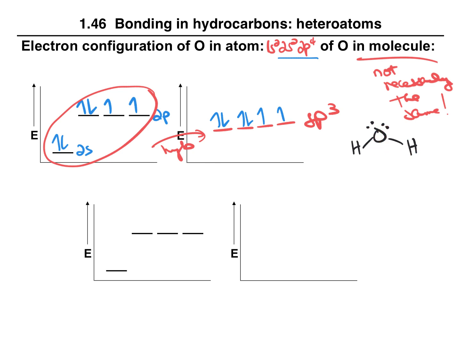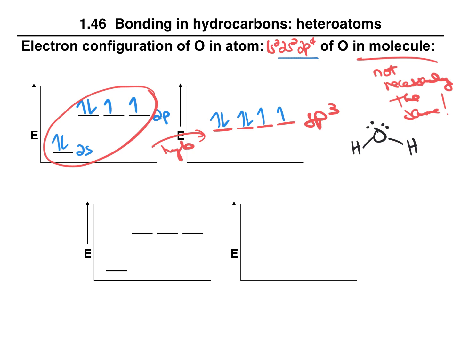So the oxygen is sp3 hybridized. This lone pair and this lone pair would be these electrons. And then this bond would be created by the overlap of an oxygen sp3 with a hydrogen s. And the same thing over here.